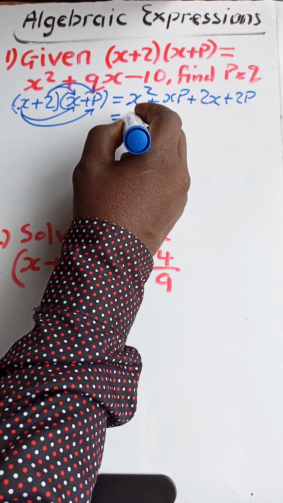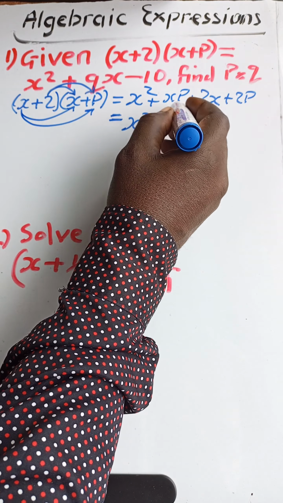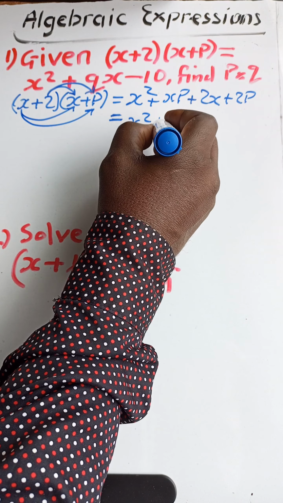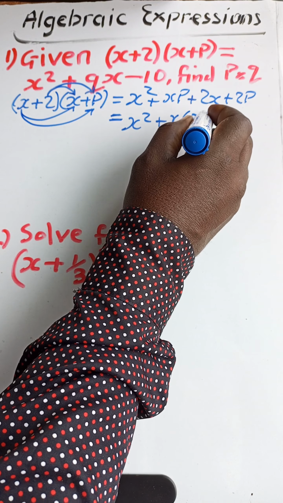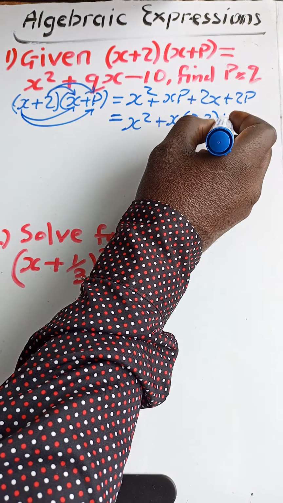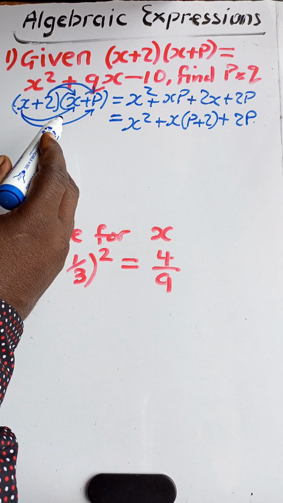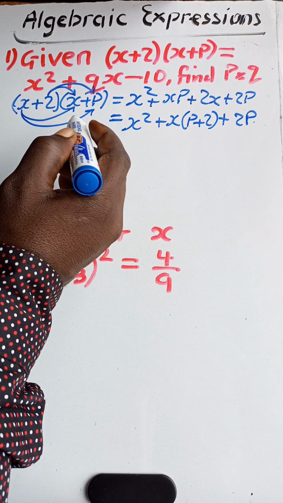Now that gives us x squared, and then we bring the terms in x together. We have x here, we have x here. So x is common. We factorize out x like that, and then plus 2p. Now we are told that this product gives us x squared plus qx minus 10.